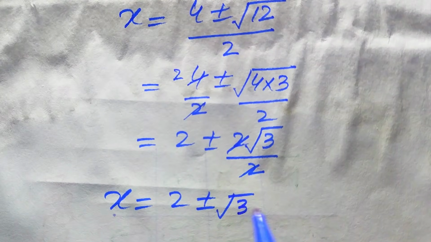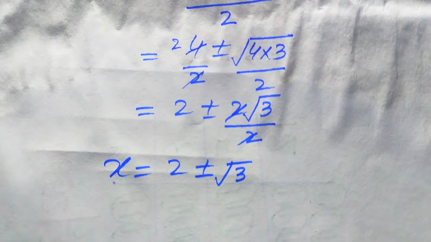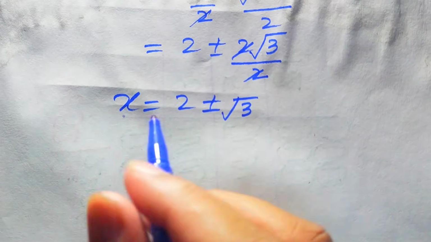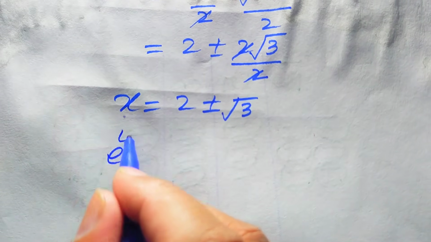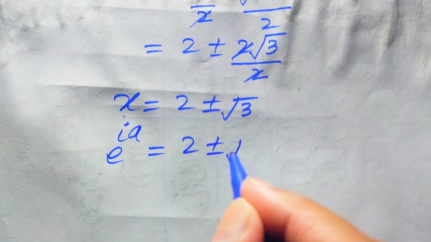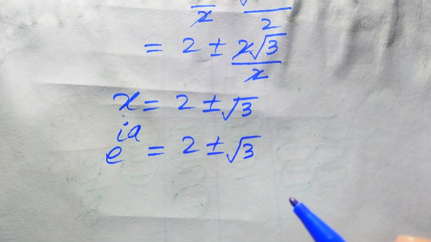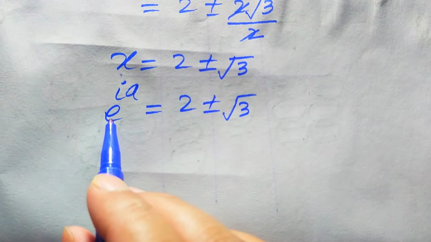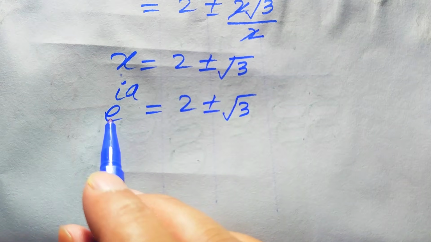So this is the value of x, and now in the next step we need to move backward and substitute the back value of x. So we take x equals e to the power of iota a equals 2 plus minus square root of 3. Further in the next step, we need to remove this e to get the value of a.